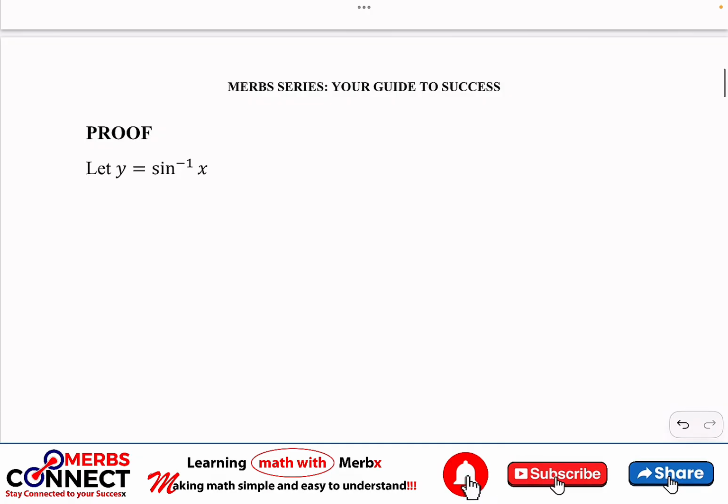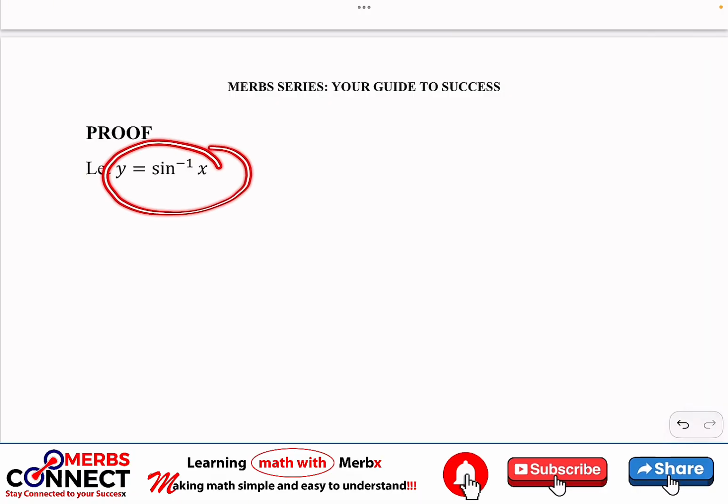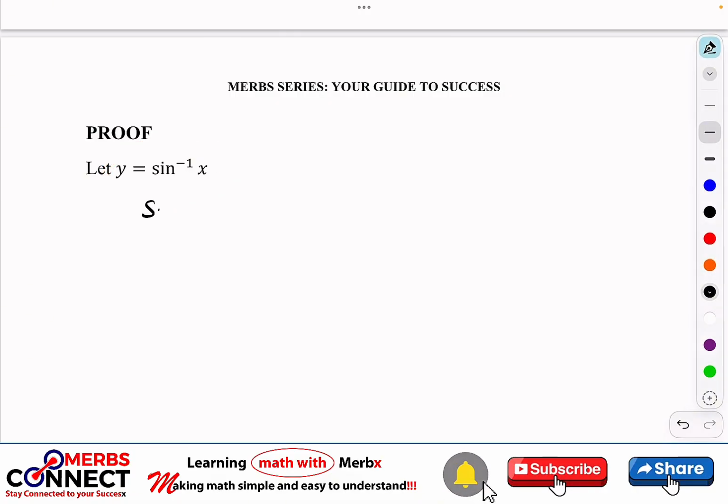Great. Now, if we let y be equal to sine inverse of x, what are we going to get here? What we can do is find the inverse, right? So this is the same as sine y equals x.